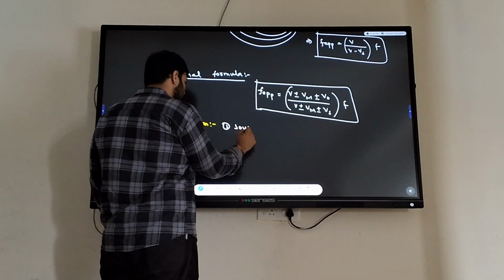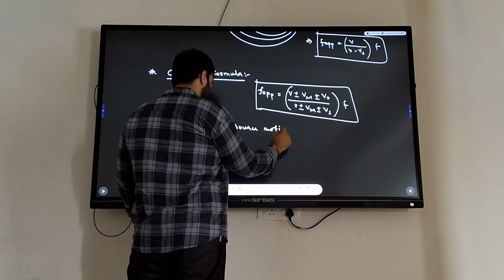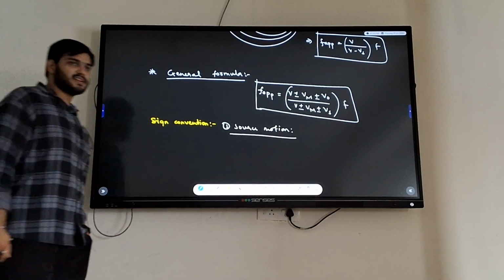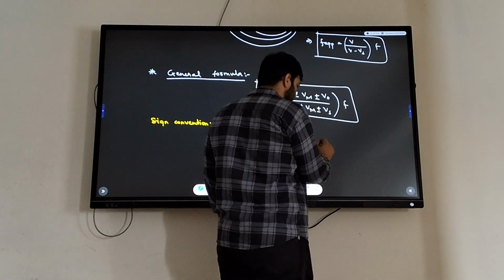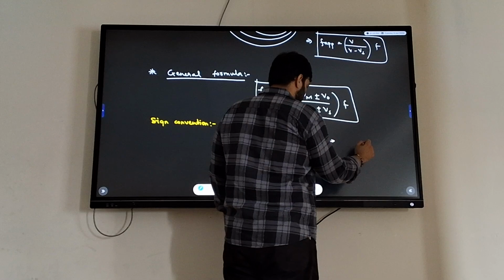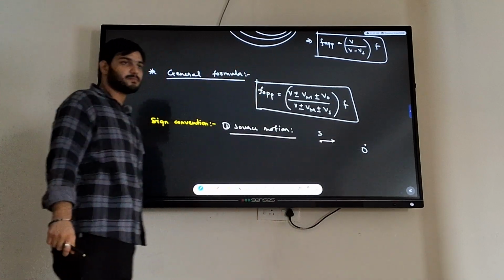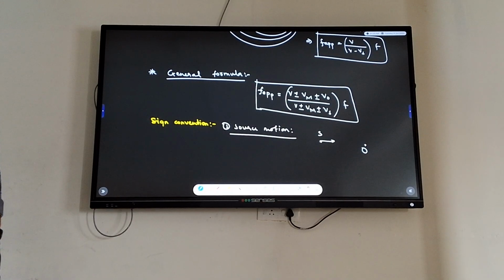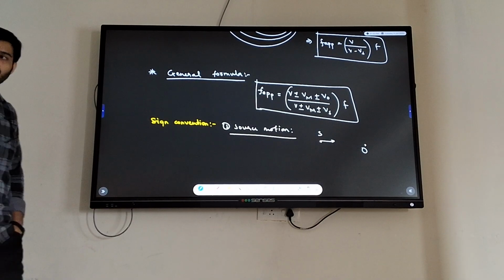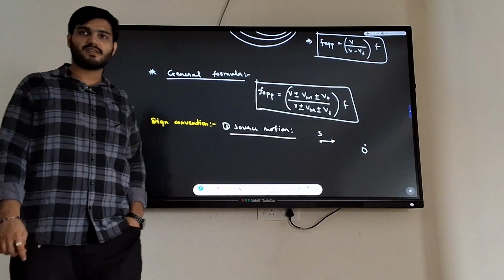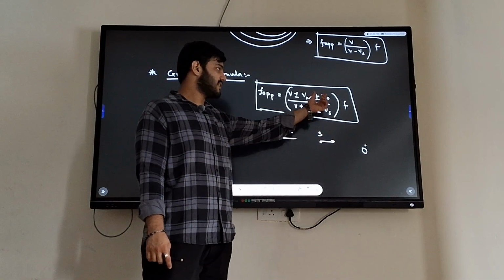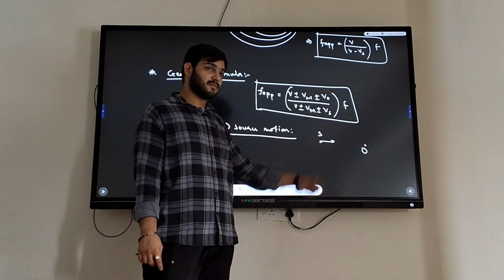Let's say source motion. If source is moving, let's say it is moving towards an observer. तो बताओ प्लस vs लेना चाहिए या माइनस vs लेना चाहिए? Source is moving towards the observer. If your source is moving towards, याद रखना source, everything about source comes in denominator, everything about observer comes in numerator.